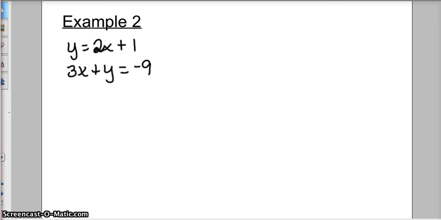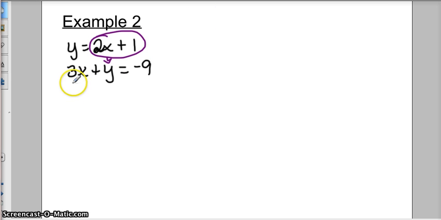Example 2. So if you notice here, y is still by itself, so we're good. We can skip that first step. But y equals 2x plus 1. This is in slope-intercept form, but y is by itself, so it's a little bit longer this time. We're going to plug this whole thing, 2x plus 1, into the other equation where you see y.